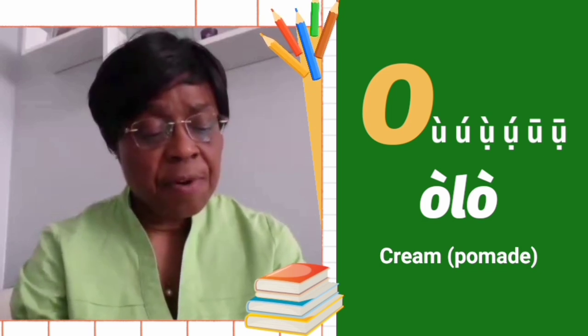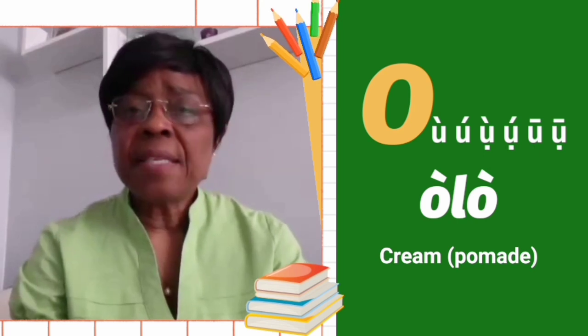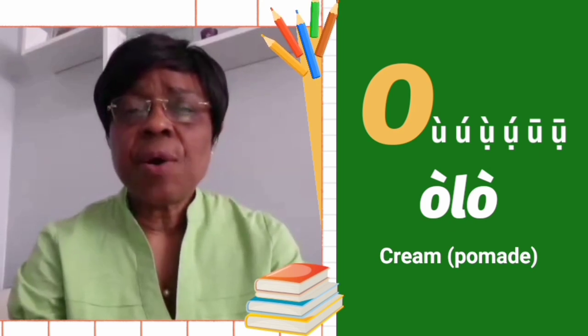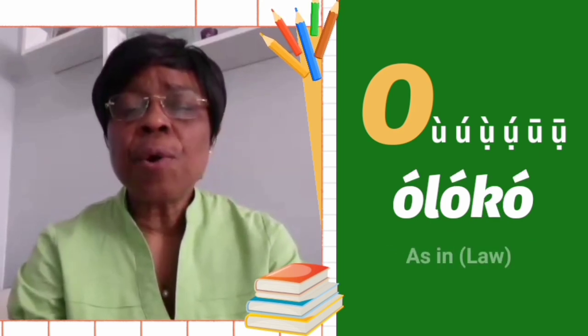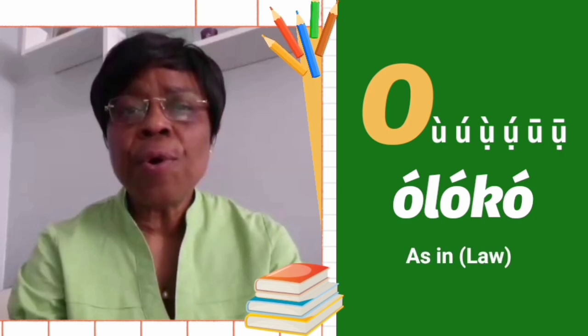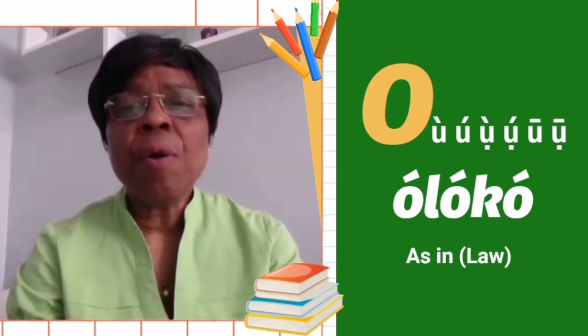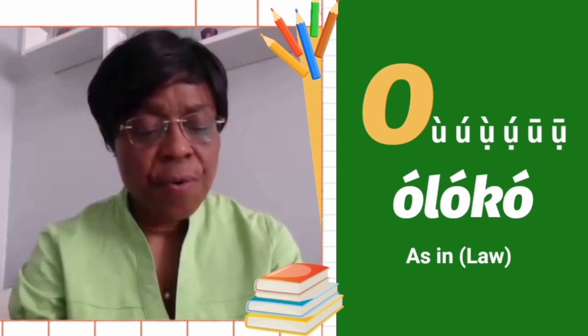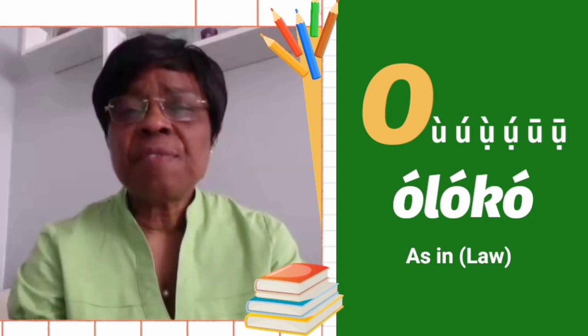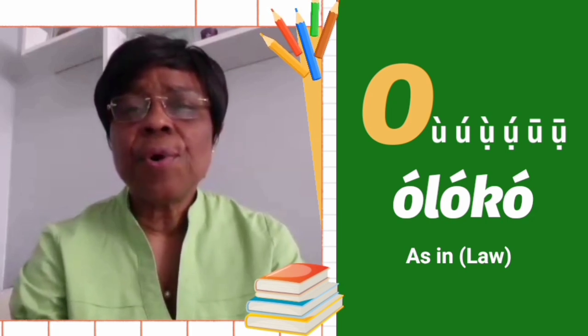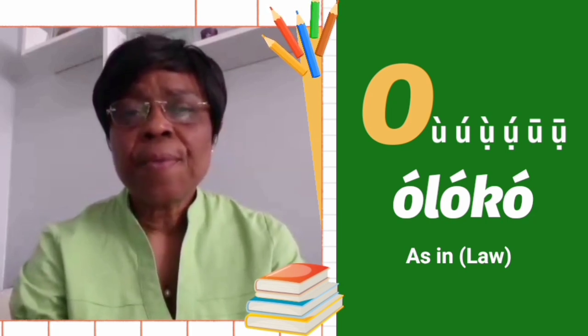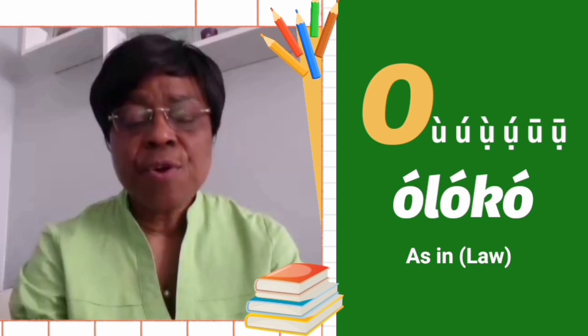An example of rising diacritics on the O sound would be oloko, all rising on the O. And that's the word for law, oloko. So we have rising, oloko, falling, olo.